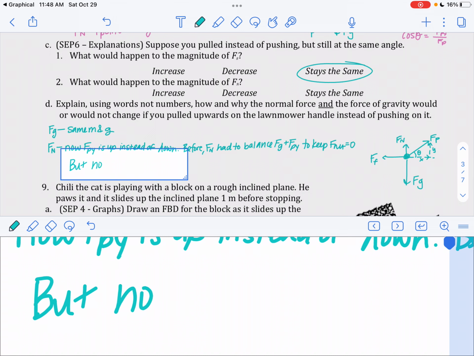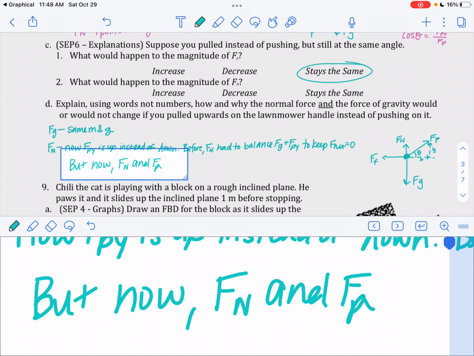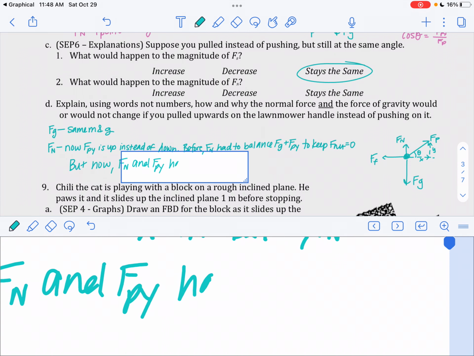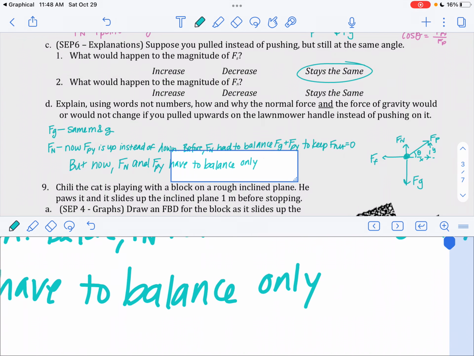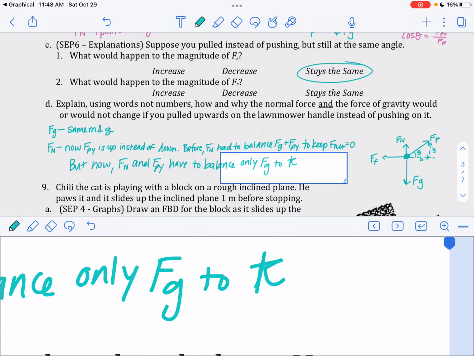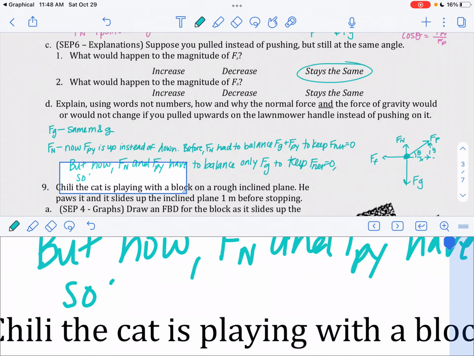But now, Fn and Fpy have to balance only Fg to keep Fnet 0. So Fn decreases.